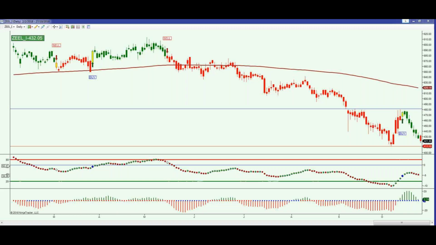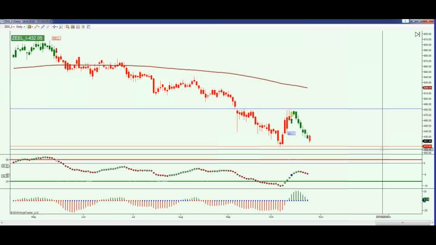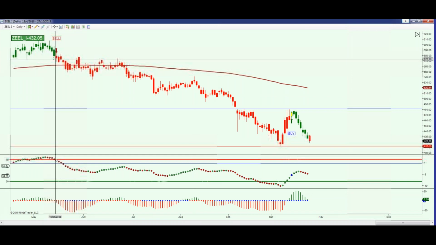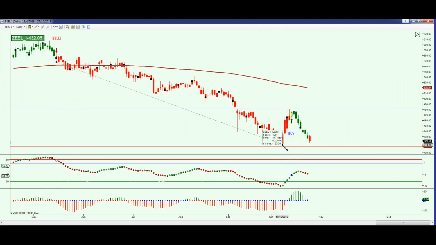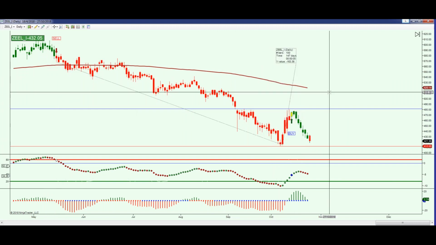So I have come to Z. So I have a sell call here. It bottomed out here. It made around 153 points.